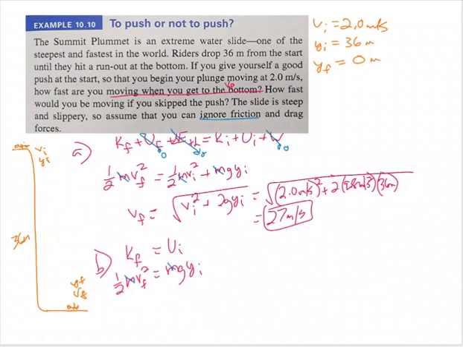So I have V final is the square root of 2 g Y initial. So this would be the square root of 2 times 9.8 times 36, which is 26.5.